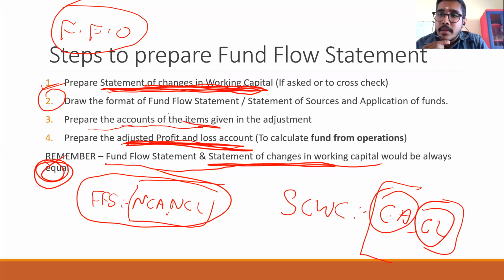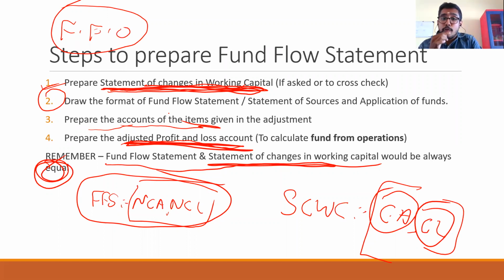As I said earlier, you will get a balance sheet, and below that you will get n number of adjustments, at least 3 or 4, like depreciation provided on machinery, and machinery purchased for this amount was sold for that amount. All these things will be mentioned, so you have to prepare a machinery account. If there is something related to provision for tax, you have to prepare the provision for tax account.